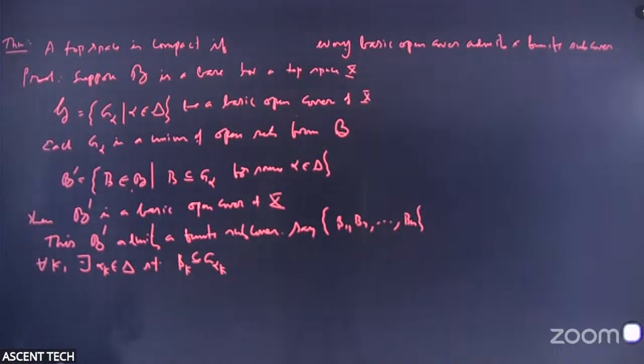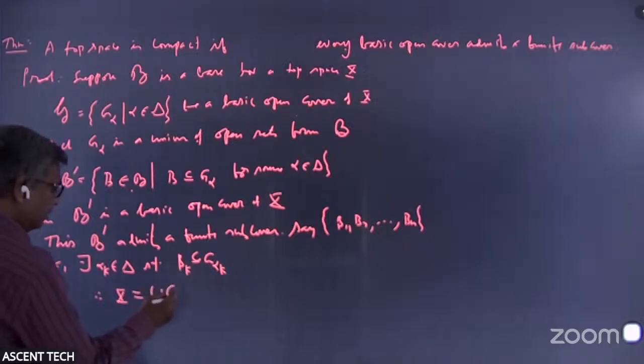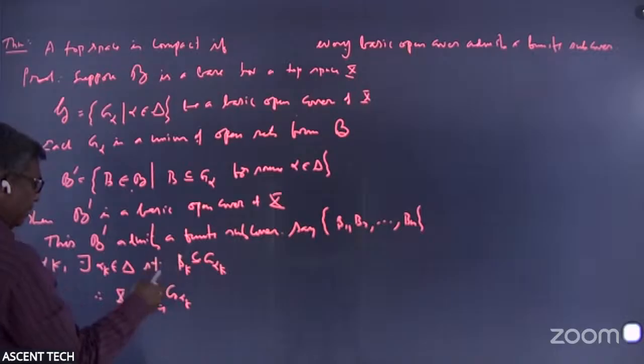So I think we're done. Therefore, X is equal to the union of G alpha k, k equal to 1 to n. Actually, the union of the Bk itself is X, and they are contained in this. So this completes the proof.